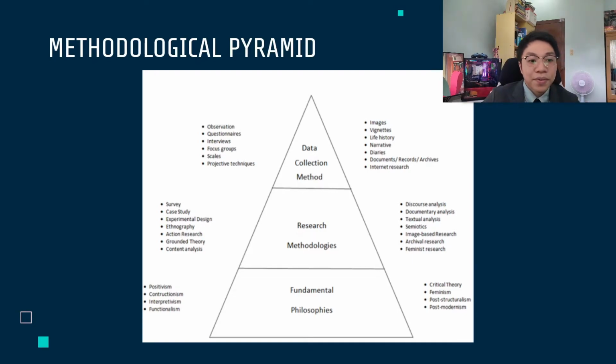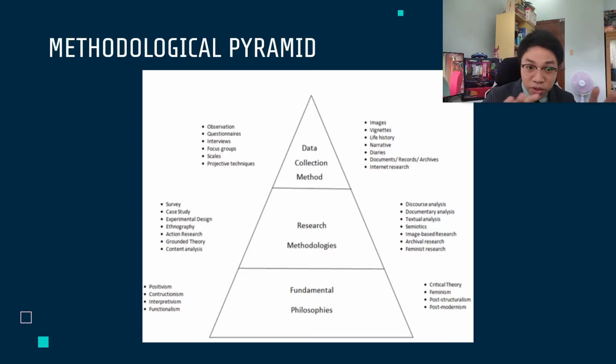As you can see here, we have the methodological pyramid that was taken from a book that was written by Dr. Silva. So the very base of this pyramid, which is also called the methodological pyramid, is the fundamental philosophies, which are positivism, constructionism, functionalism, and in the middle of the pyramid would be the different research methodologies like survey, case studies, experimental design, textual analysis, and at the very top would be the data collection methods, which are observation, questionnaires, interviews, focus groups, all that stuff.